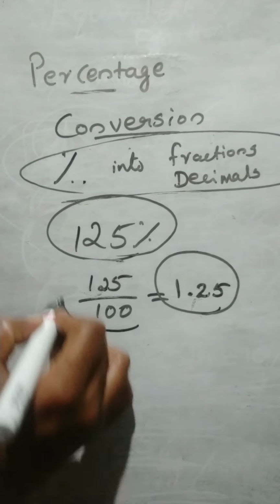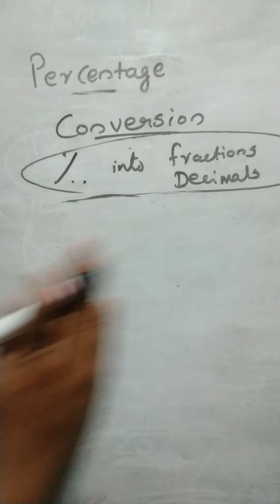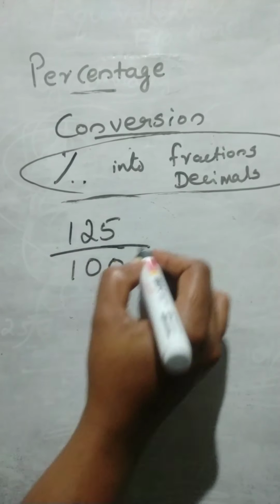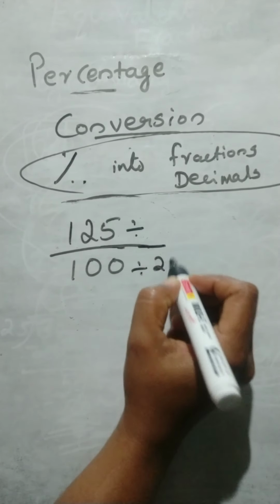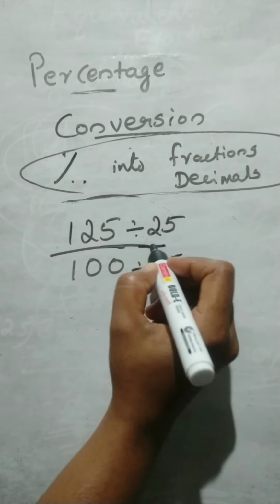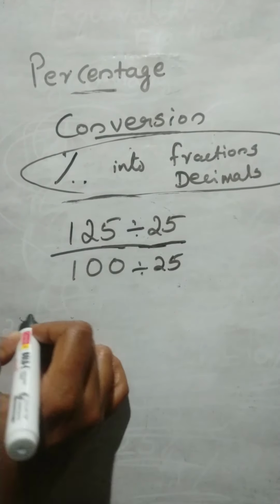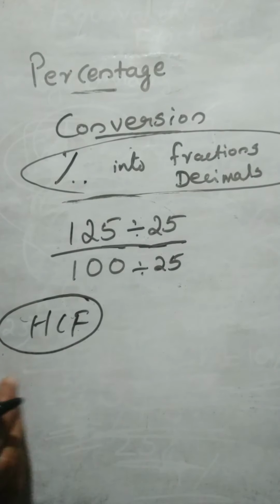These fractions we can convert into simplest form. How can we write fractions in the simplest form? Here the fraction is 125 on 100. Okay. Both the numbers we can divide by 25. No? So we can divide numerator and denominator by 25 because 25 is the HCF. We have studied how can we find the HCF of numbers.